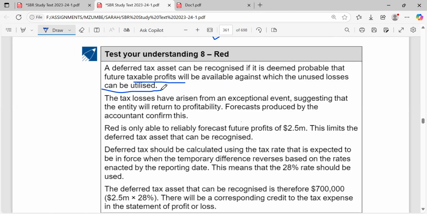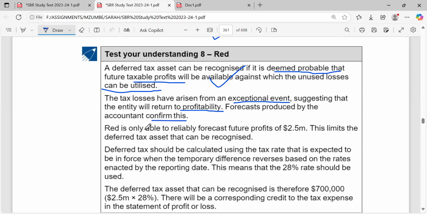But look now, the tax losses have arisen from an exceptional event. Being exceptional, it means it won't be happening and happening, so that's fine. It's suggesting that the entity will return to profitability. And since it returned to profitability, it means that it satisfied the above principle, right? It is deemed probable that future profits will be available. Forecasts produced by the accountant confirm this.